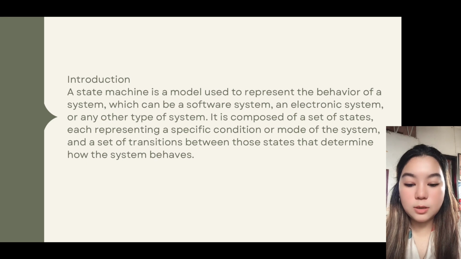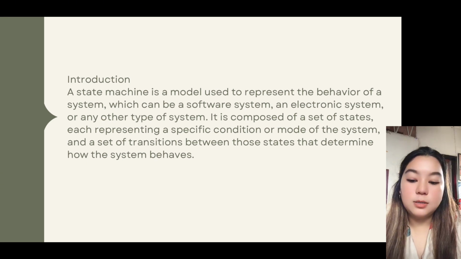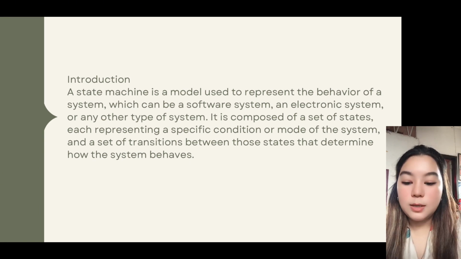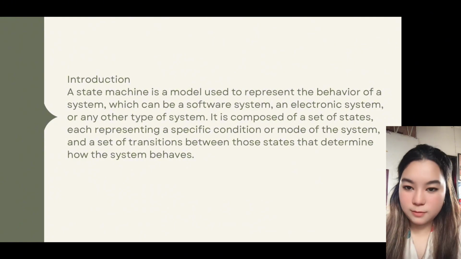It is composed of a set of states, each representing a specific condition or mode of the system, and a set of transitions between those states that determine how the system behaves.